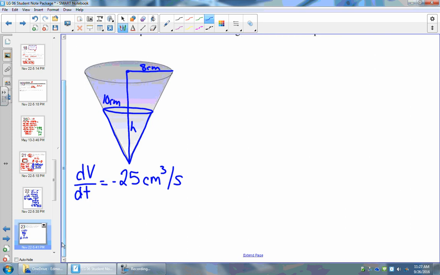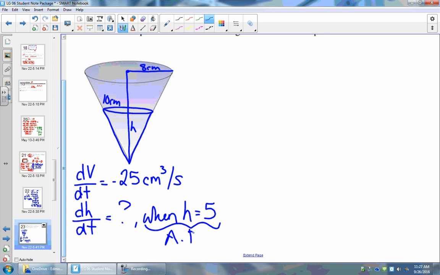So we're looking at dH over dt. What is the rate that the height is decreasing when the actual height itself is 5? And remember, we take this after the derivative. Don't forget.